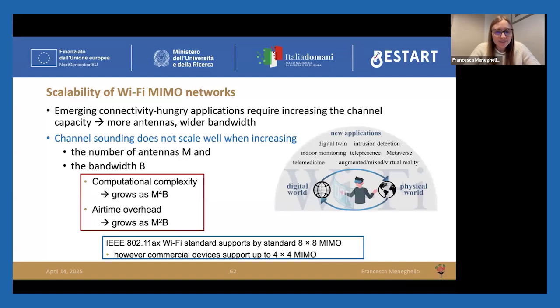So I think that there is a lot of work to do in making MIMO networks really scalable with the number of antennas and also secure from the point of view of the control information that is transmitted unencrypted. And this is also what I'm working on in my research.